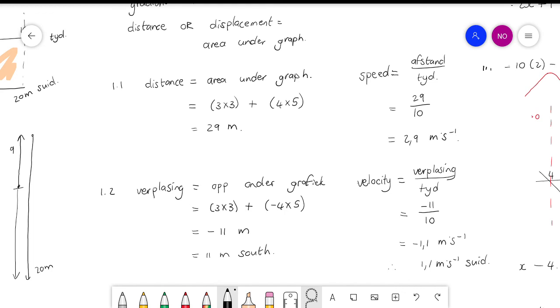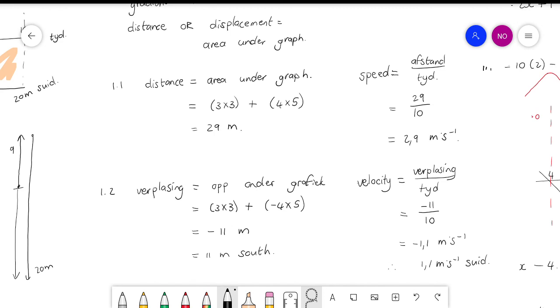And this, maak vir jouself 'n sterretjie of 'n hartjie of wat ook al. Because if I give you this graph and I ask you to calculate the velocity, the average velocity, then you have to know you can't work with distance. For velocity, you need displacement. Okay.